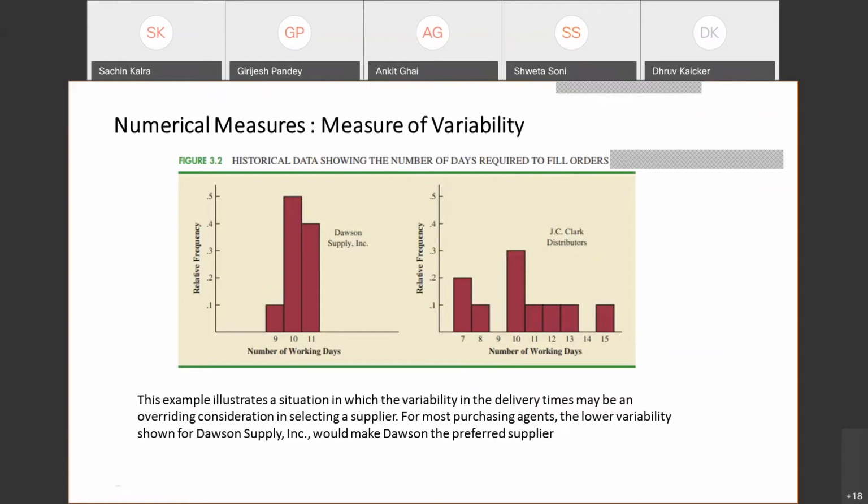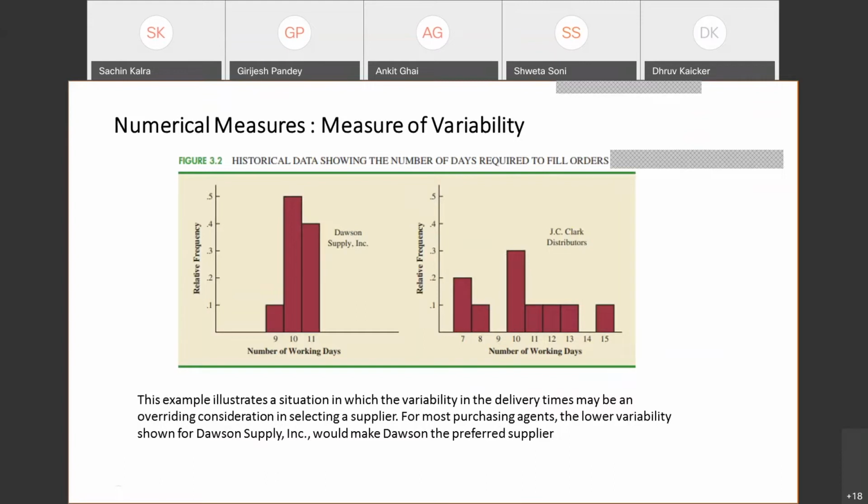If it is often more than 10 days, you are facing an operational loss, and if it's less than 10 days, then you are facing an operational loss again in terms of shelf cost or the place where you want to keep the order. So you just want the order in 10 plus minus 1 or 2 days. You cannot just accept the order in 3 days. It will cause a shelf issue. If you get the order later than 13 days, it will cause an operational issue of production.